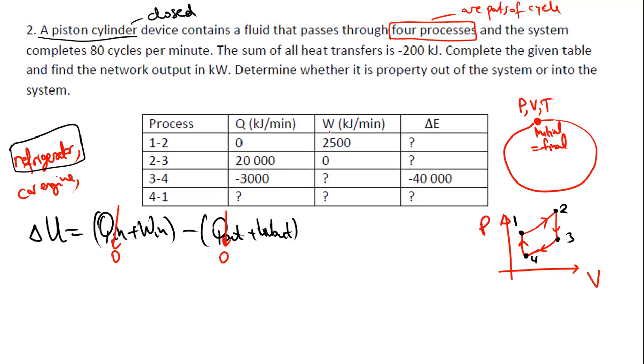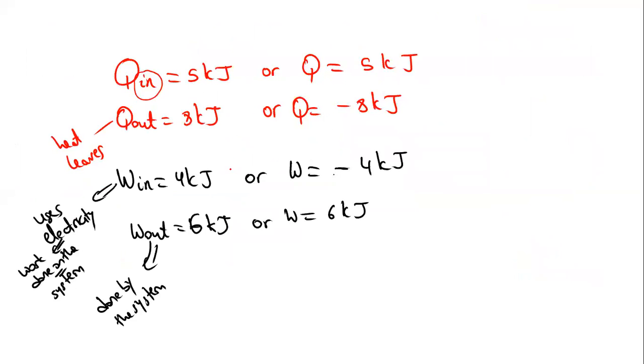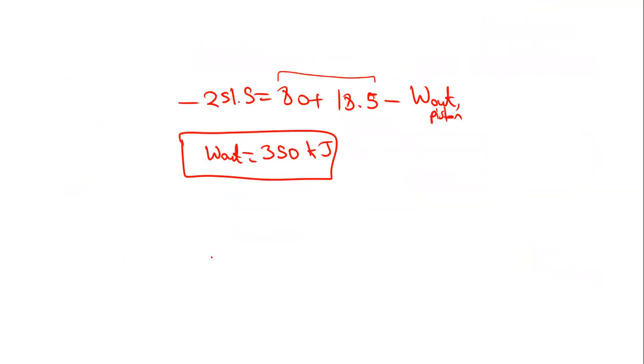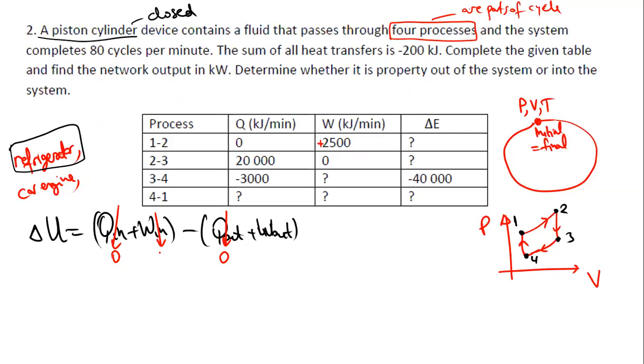And the work quantity, you can see it is positive. The in and out is not shown here, but the sign is shown. If I go back to here, when the work is positive, I mean it is work out. Therefore, I will write work in is 0, and work out is 2500 kilojoules per minute.